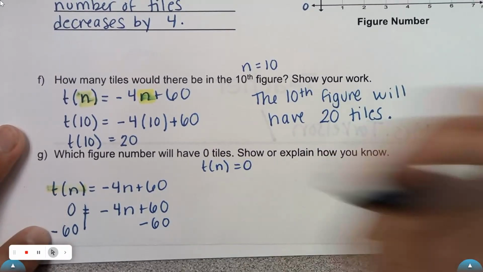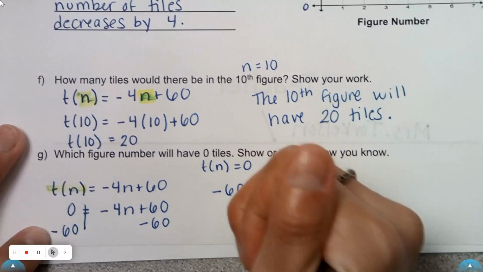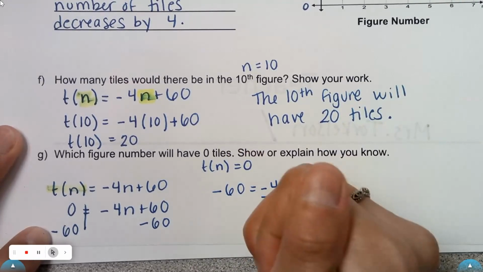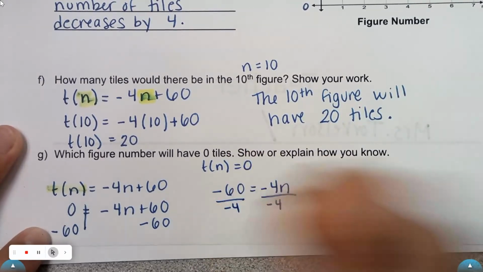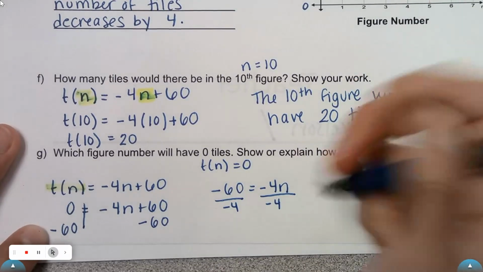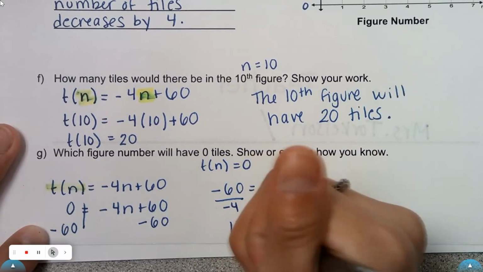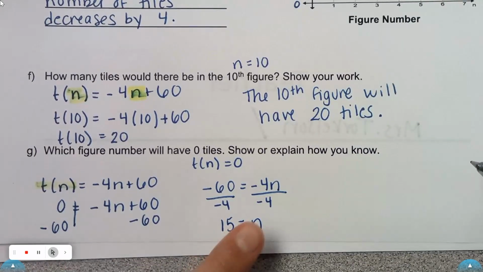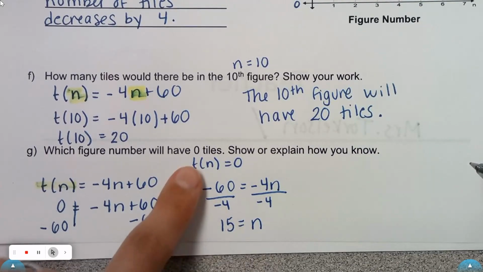So 0 minus 60, negative 60, equals negative 4n. I'm going to divide by negative 4. And negative 60 divided by negative 4, I get 15. So the 15th figure will have 0 tiles.